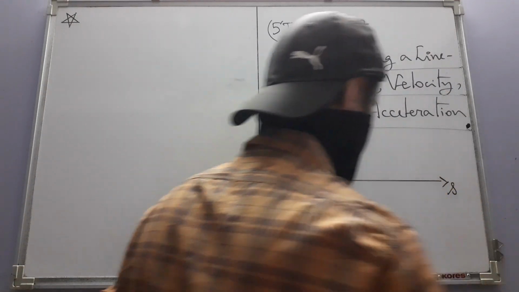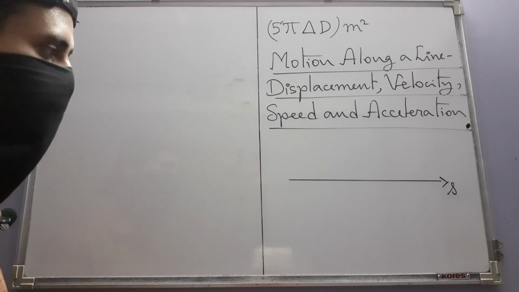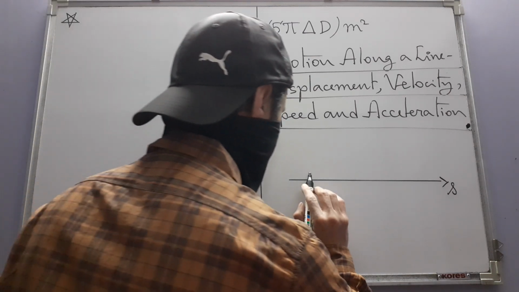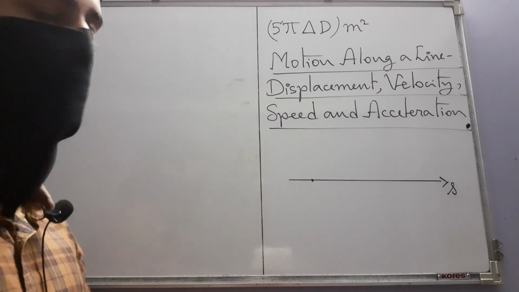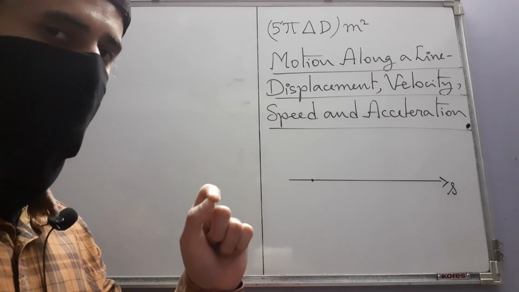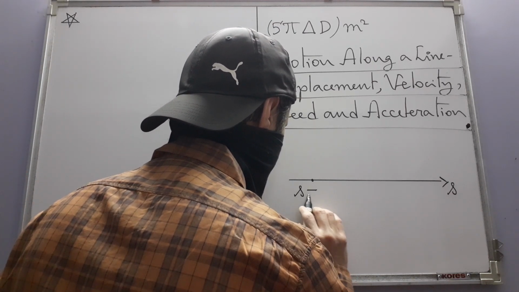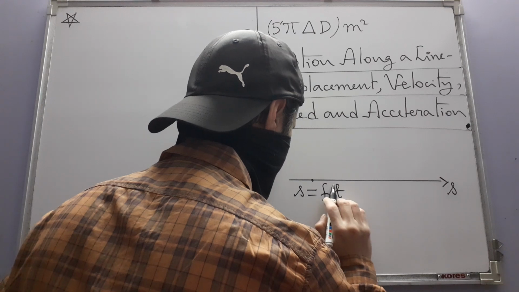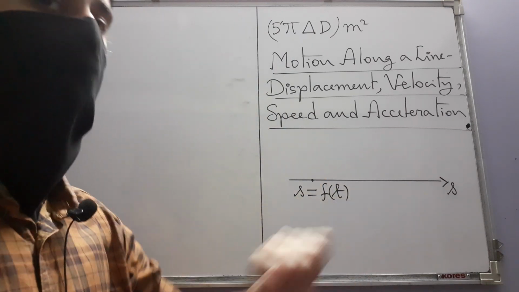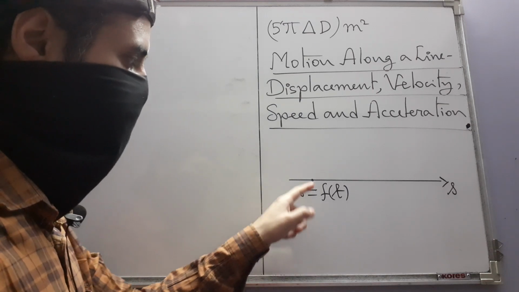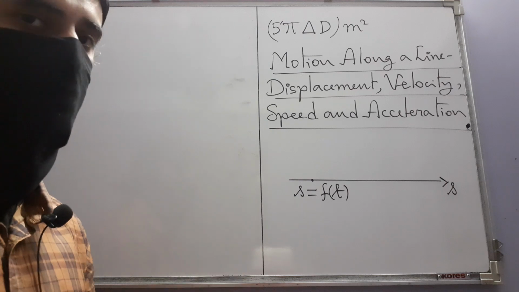For some reason we call it the s-axis. S denotes position. Now the object assumes this position, say, at some instant t of time, and the position is s, and this s is a function of time. This function tells us when the object will be where. What is the position of the object when the time instant is t? That question is answered by this function.